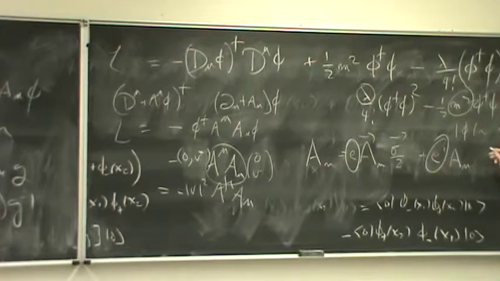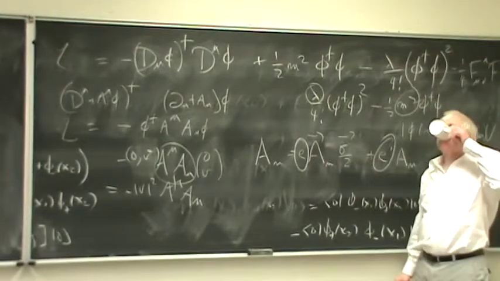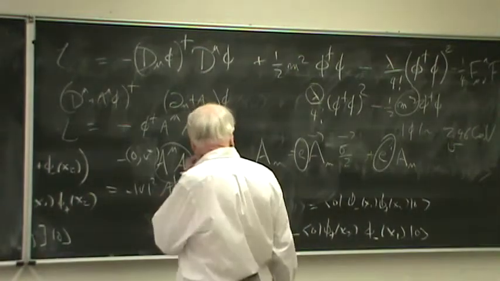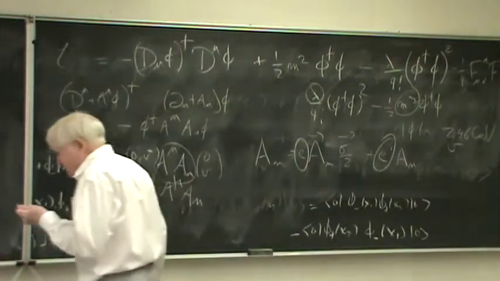It's lambda and mu that determine V, of course. V being this thing, which is 246 GeV. And that's the nice part of the Higgs mechanism.